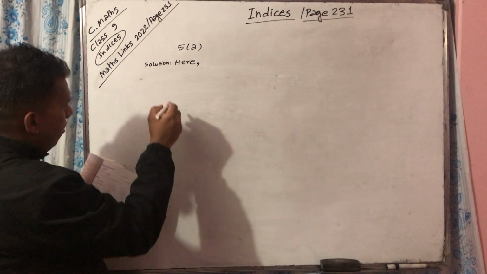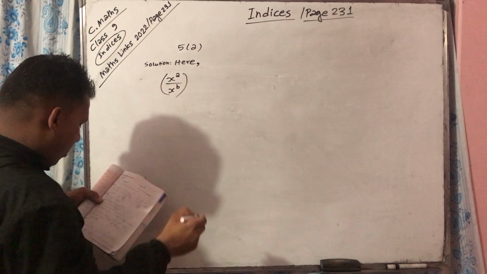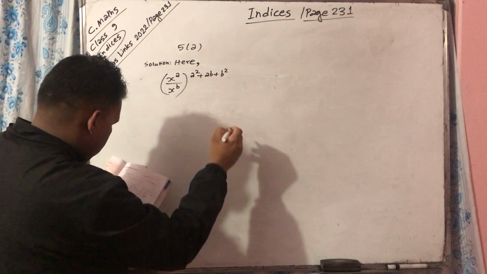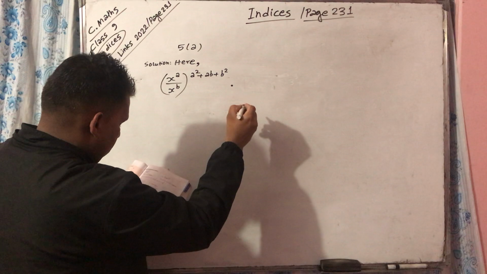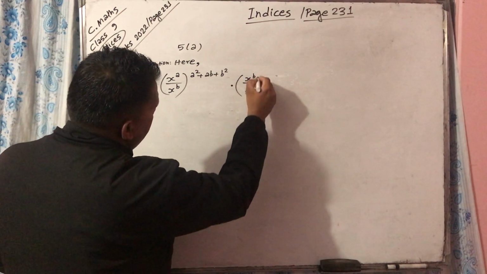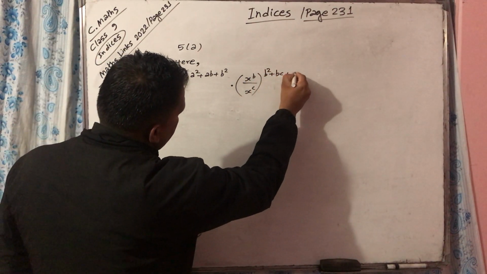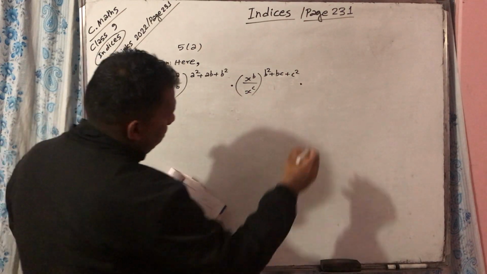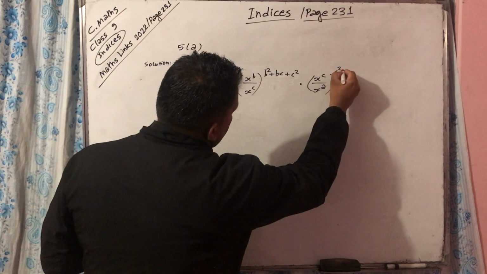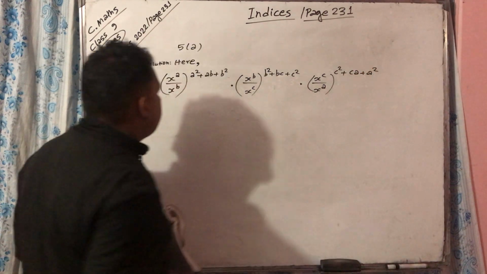X to the power a upon x to the power b, its whole power is a square plus ab plus b square, multiplied with x to the power b upon x to the power c, its whole power is b square plus bc plus c square, multiplied with x to the power c upon x to the power a, its whole power c square plus ca plus a square.